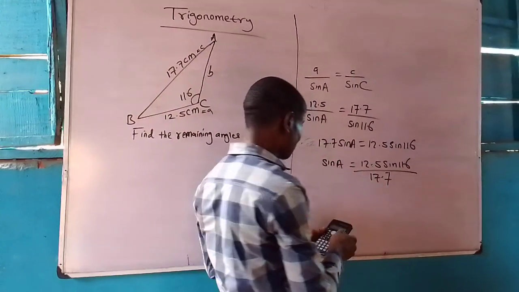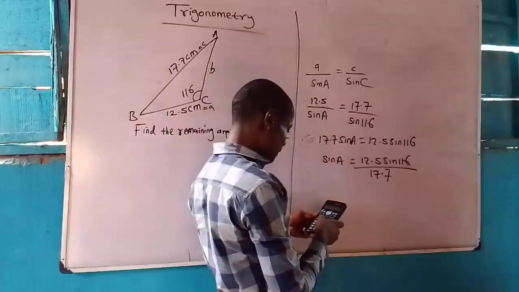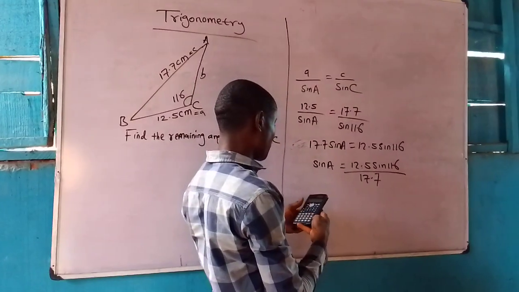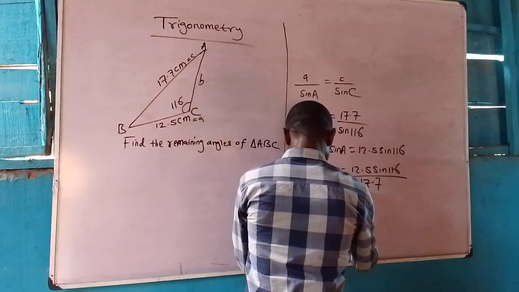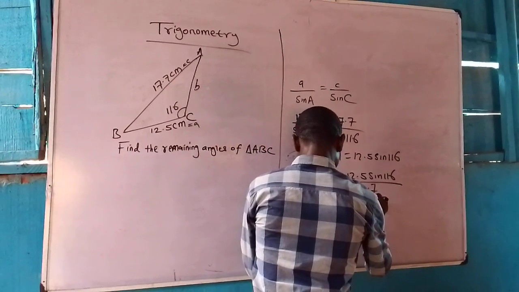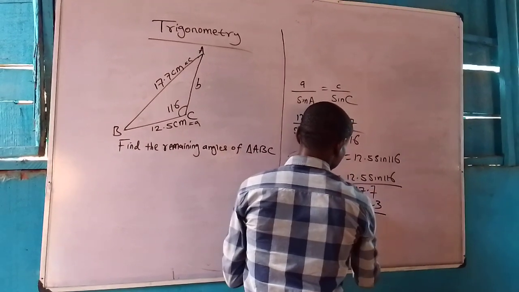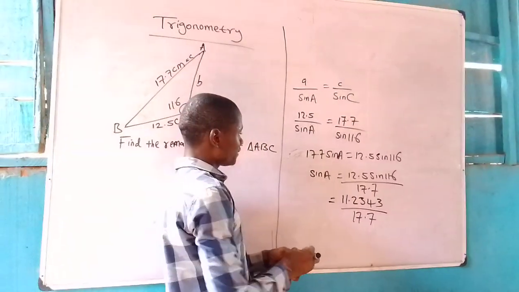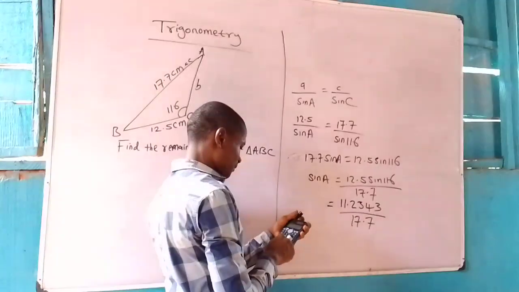You press 12.5 sine 116, and it will give us 11.2343 divided by 17.7. At this point, we use 17.7 to divide the numerator.